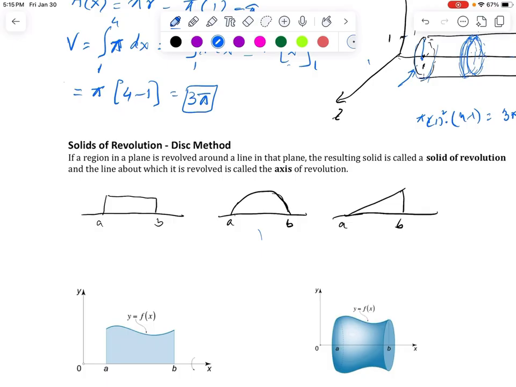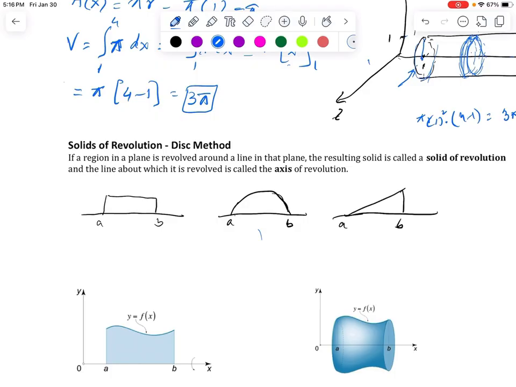If we have a region in a plane, and we revolve it around a line in the plane, we get a solid, and that solid is called a solid of revolution. The line about which it is revolved is called the axis of revolution.